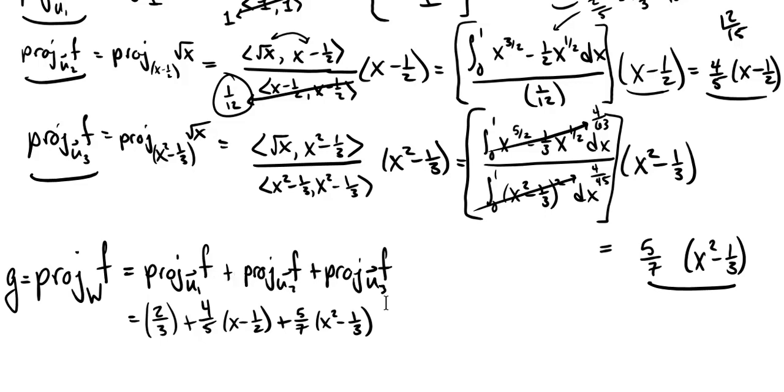This is the closest thing to the square root of x out of all second degree polynomials. When I say closest, I mean in the sense of the inner product that we're working with over the interval from 0 to 1.